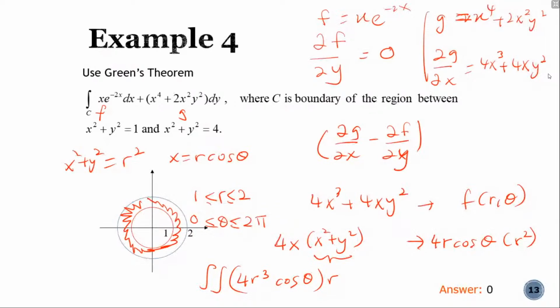Both are numbers, so it is up to you, you can put dr d theta or d theta dr. So r 1 to 2, theta 0 until 2 pi. Here also I can split if I want, because r cubed multiplied by cos theta. I can split, I solve r cubed, and then I also integrate the cos theta. Then it's up to the respective values. Okay, answer equivalent to 0.